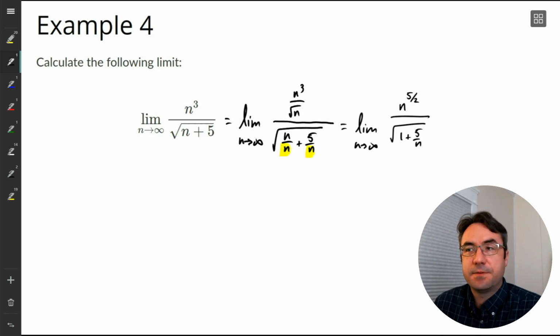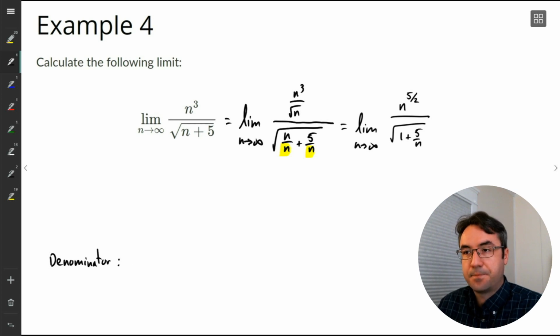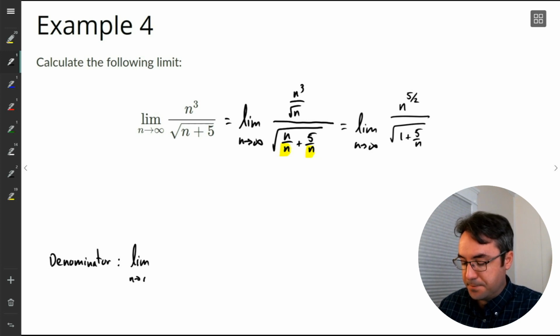All right, so let's think about what's happening here. Let's consider the limit of the numerator and the limit of the denominator, and let's start with the denominator. So let's look at just the limit of the denominator. What's going on there?